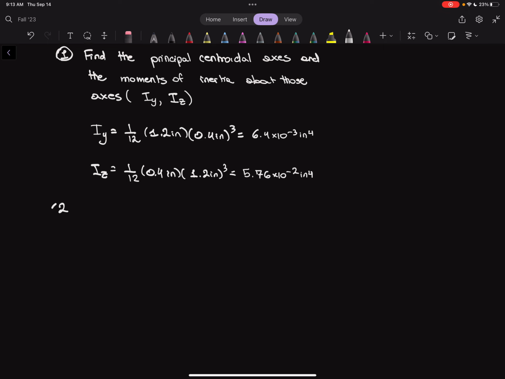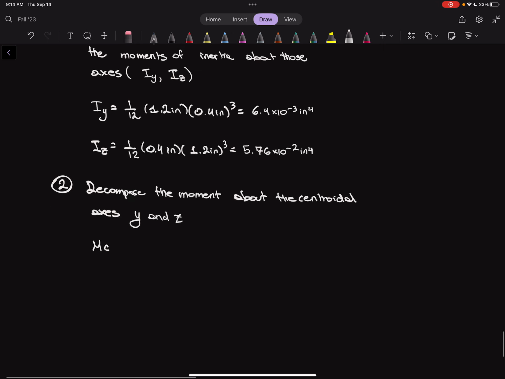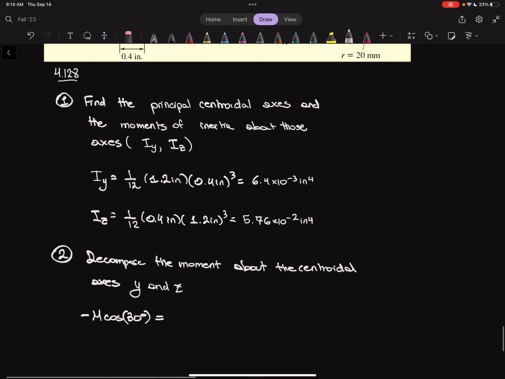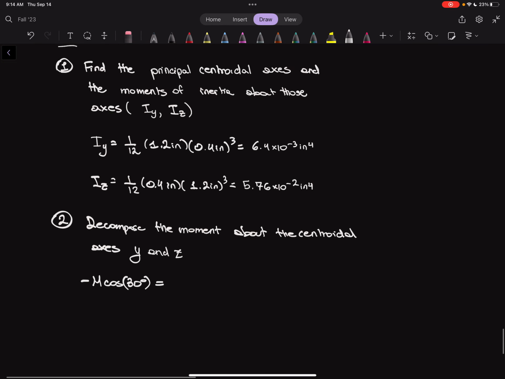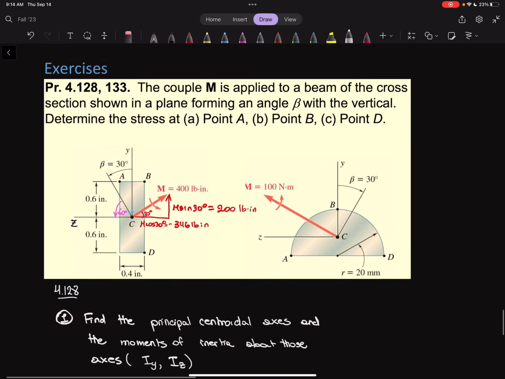All right, so now that we have that, step 2: decompose the moment about the centroidal axes, y and z. We've done this. We got negative M cosine of 30 degrees, which is negative 346 pound-inches, because remember we're in the negative direction of the z, according to the z that they gave us.